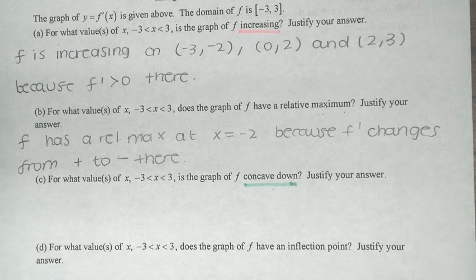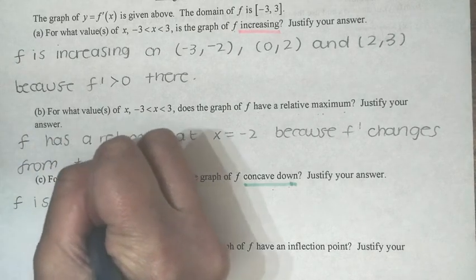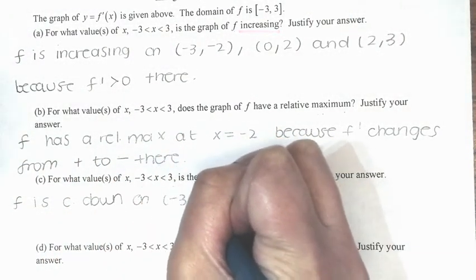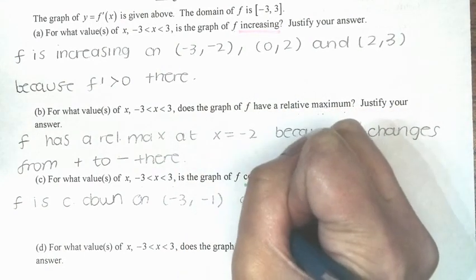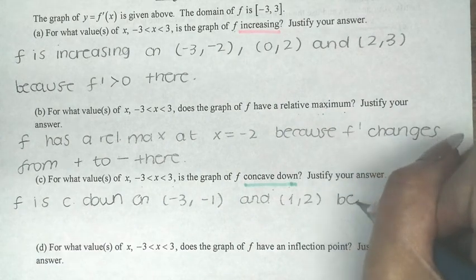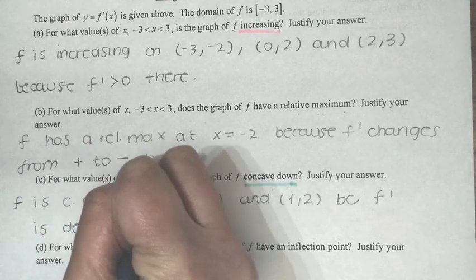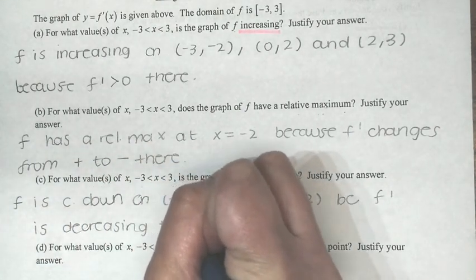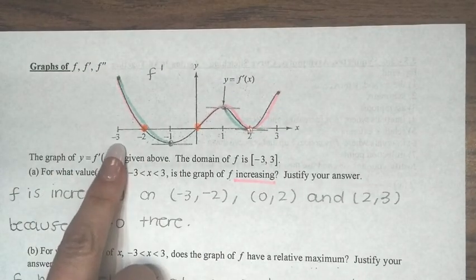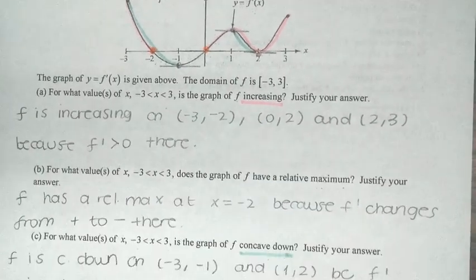So what we can say here is that f is concave down on the interval -3 to -1, and 1 to 2, because f prime is decreasing there. Okay, so there are two intervals. You can see from -3 to -1, and then from 1 to 2. So you can see why it's concave down.